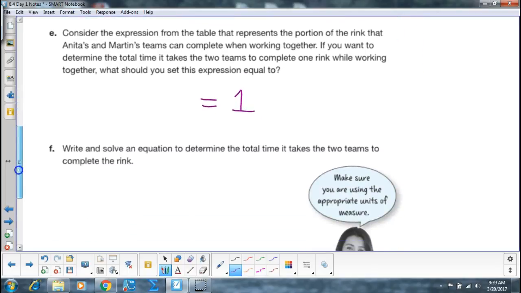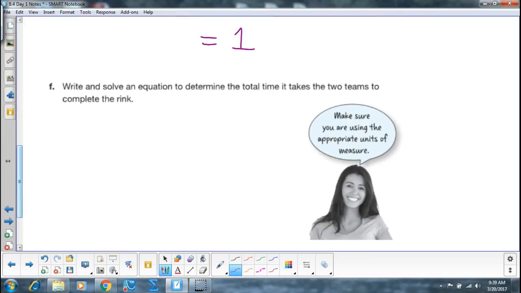Let's write it and solve it. So x over 20 plus x over 30 is going to equal 1.